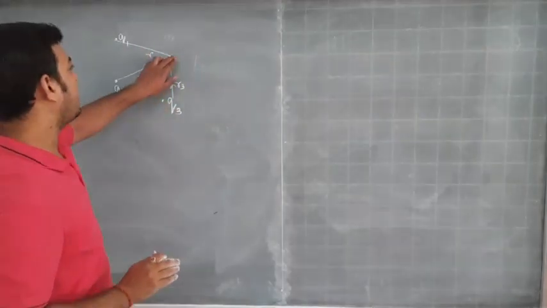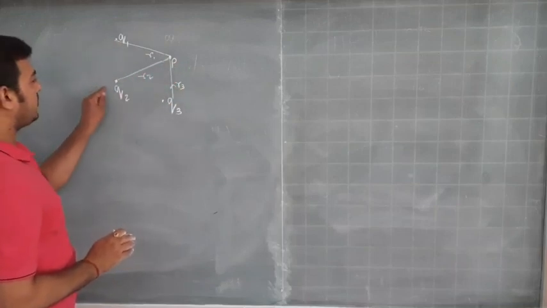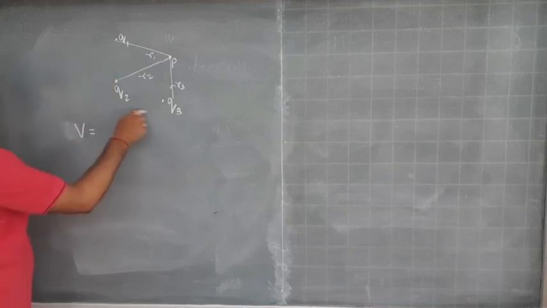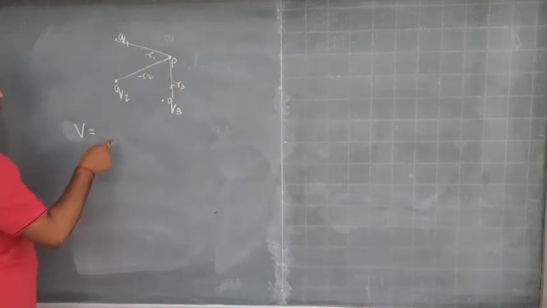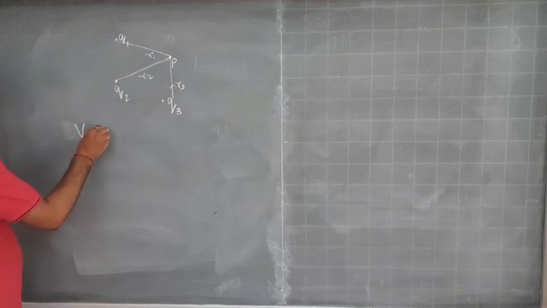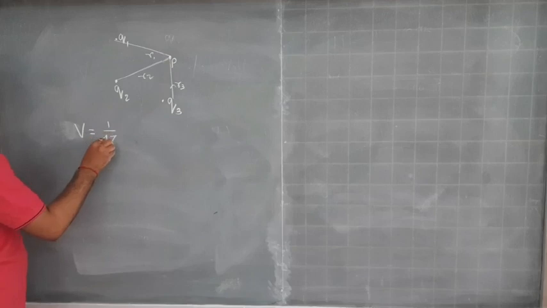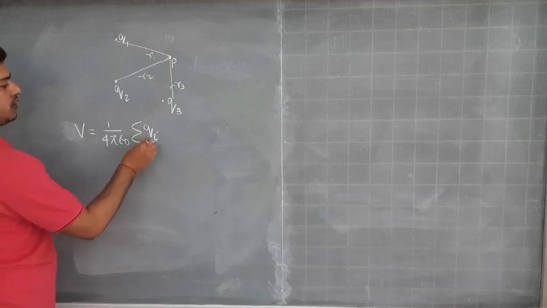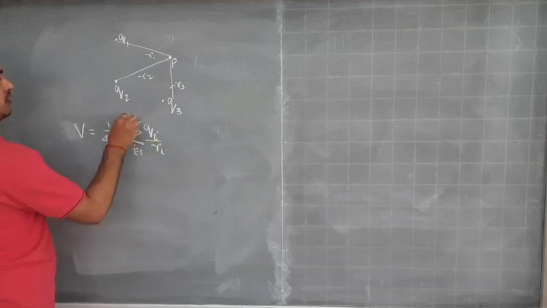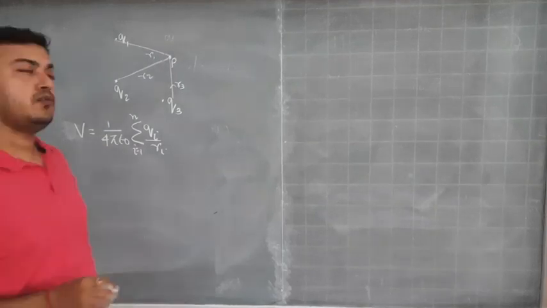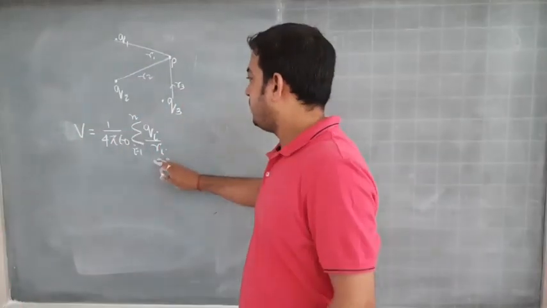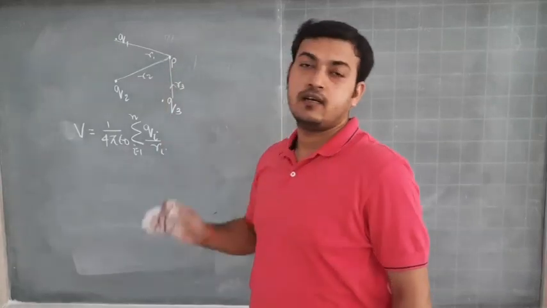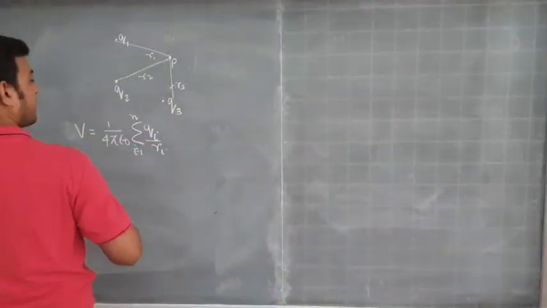If we need the net potential at this point due to all these surrounding charges, I will simply add the potential due to all these charges algebraically at that point, and that will give me 1 by 4 pi epsilon naught sigma Qi by Ri, where i ranges from 1 to n. By this formula we can simply calculate the net electric potential at any point due to a number of charges.